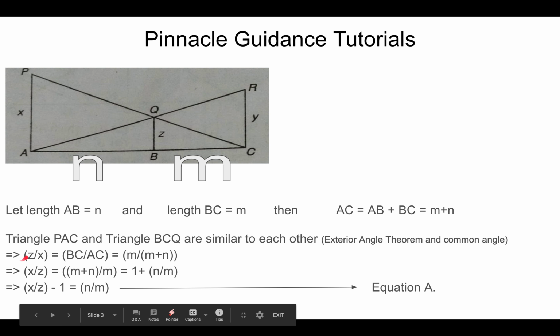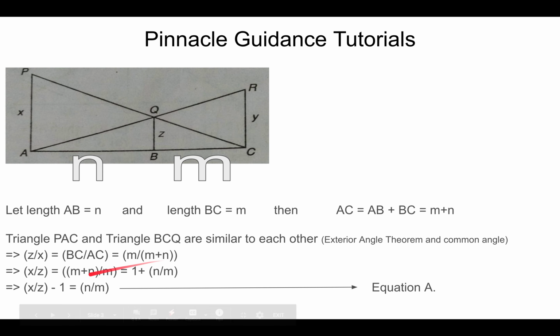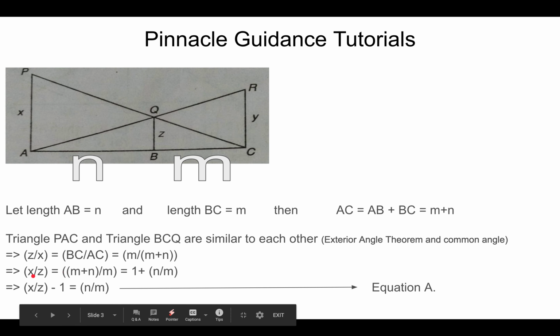So Z by X is equal to BC by AC, which can be further written as M by M plus N. Let's reciprocate it. X by Z is equal to M plus N by M, which is equal to 1 plus N by M. Taking this 1 over here, X by Z minus 1 is equal to N by M. This is equation 1.